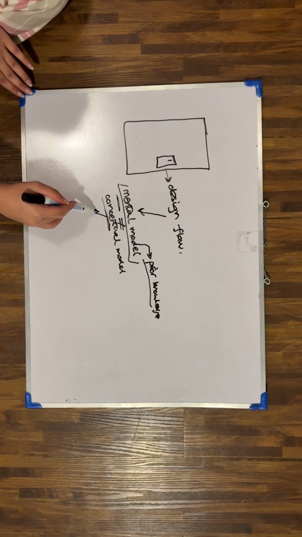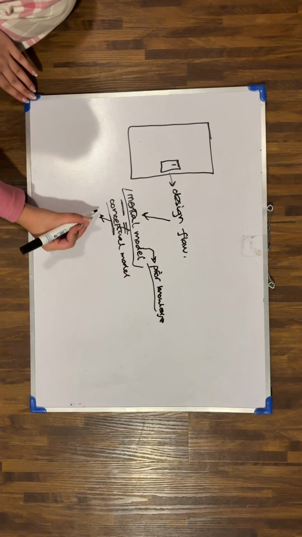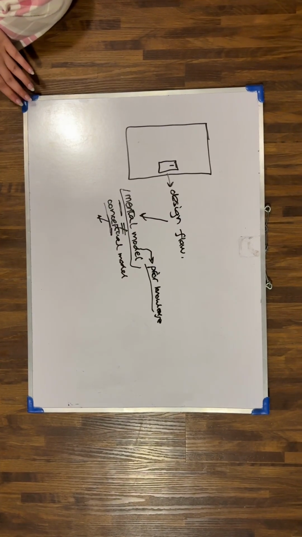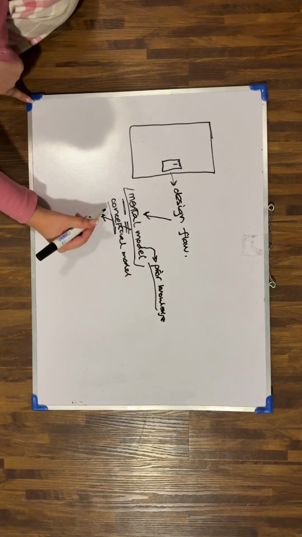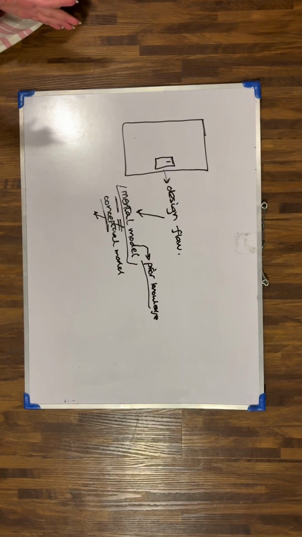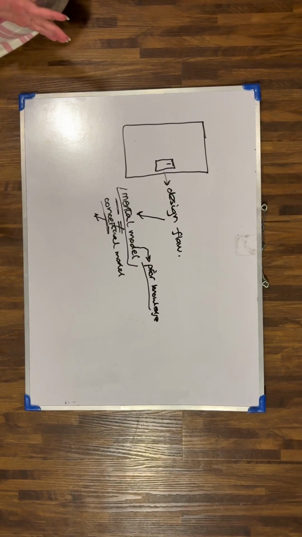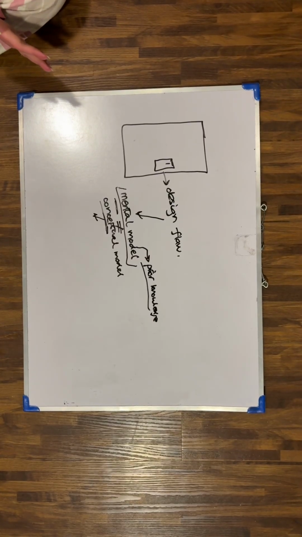So the conceptual model is basically the designer's understanding of the user's understanding. That's the simplest way to put it. So the designer might think that, oh, this is pretty self-explanatory, or oh, the user will easily be able to pick up on this because I'm easily able to pick up on it.